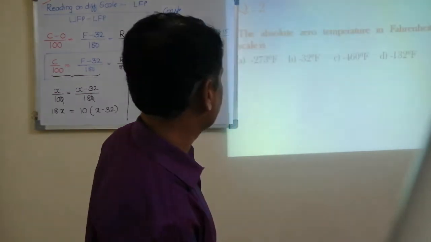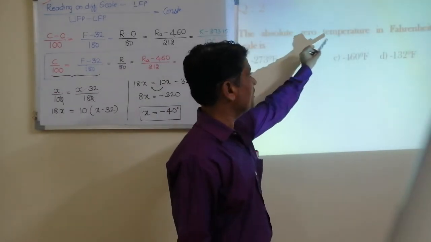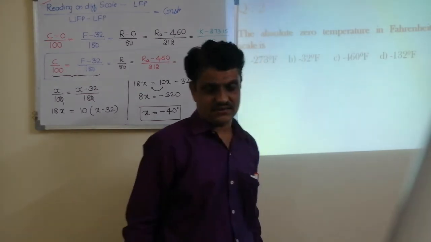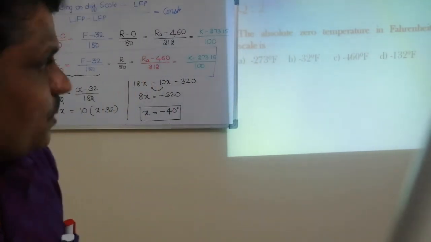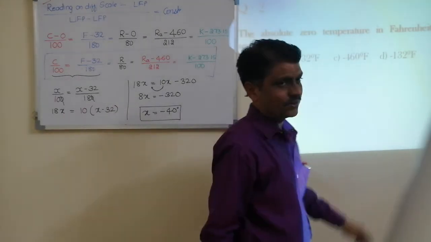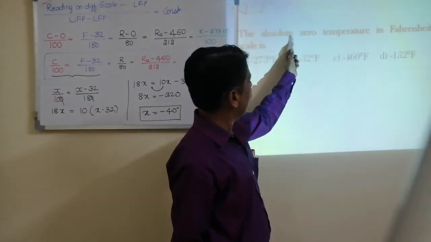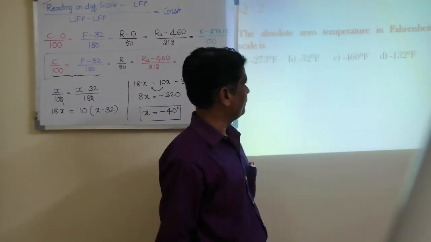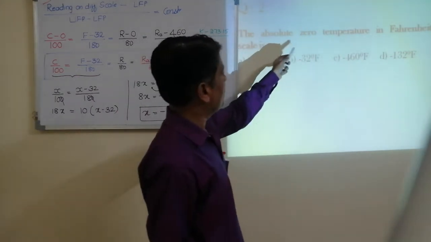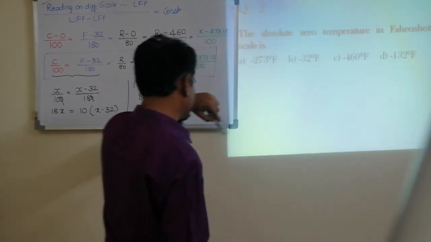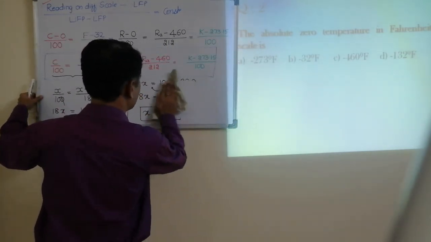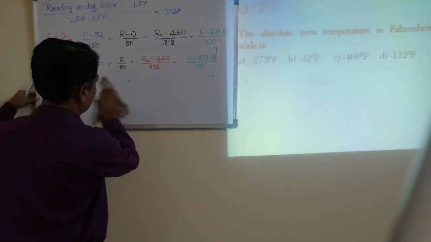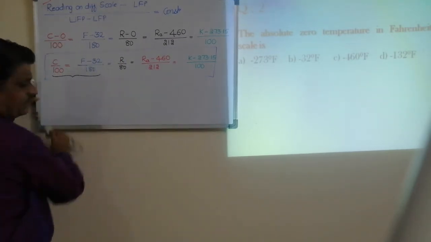Question number 2. The absolute zero temperature in Fahrenheit scale is. First you have to remember what we mean by absolute zero. Absolute zero means 0 Kelvin is taken as absolute zero. We want the Fahrenheit scale. It means we need the relation between Fahrenheit and Kelvin.